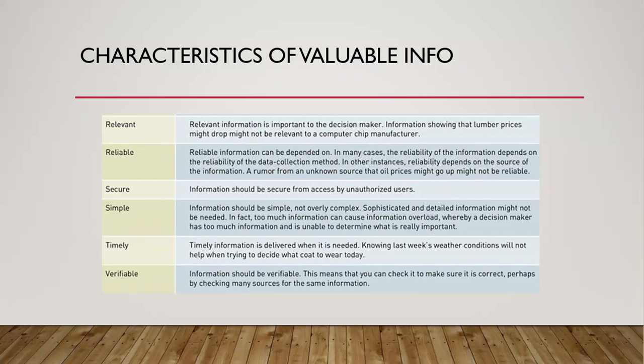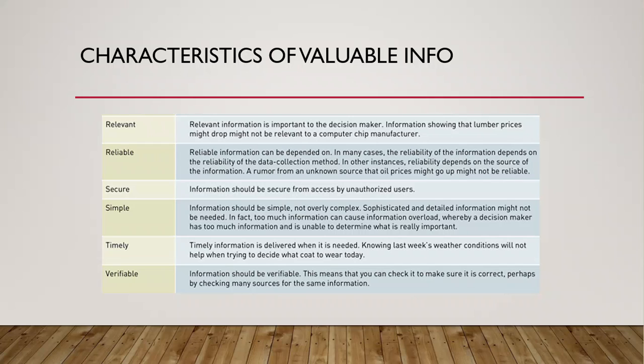Okay, next we have another 6 characteristics for valuable info. Relevant means important. Showing that lumber prices might drop might not be relevant to a computer chip manufacturer. Make sure the info is relevant to the matters.